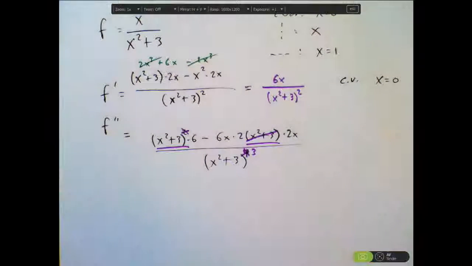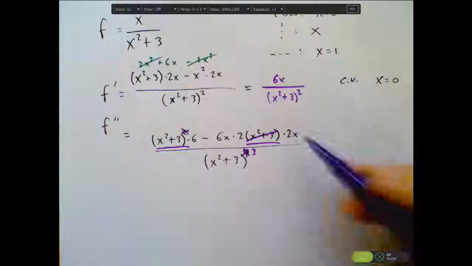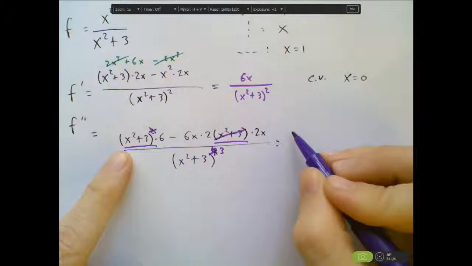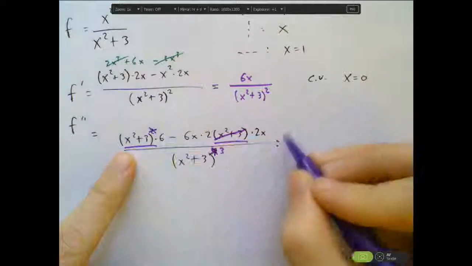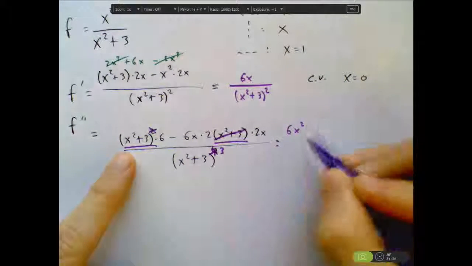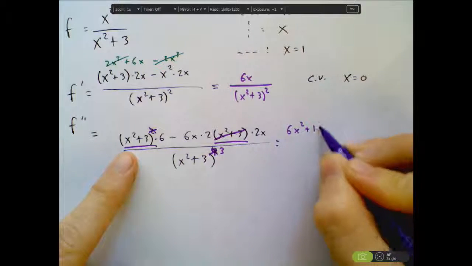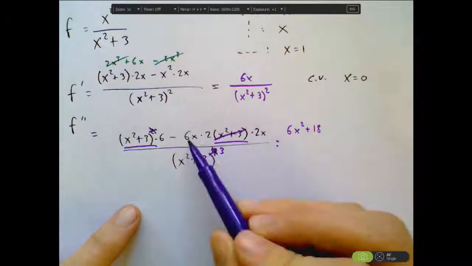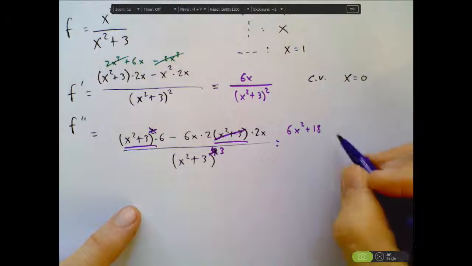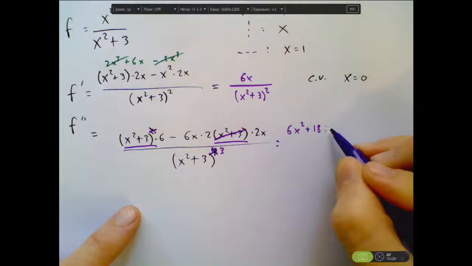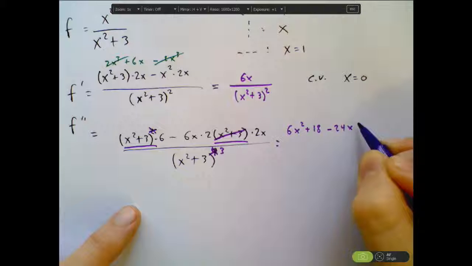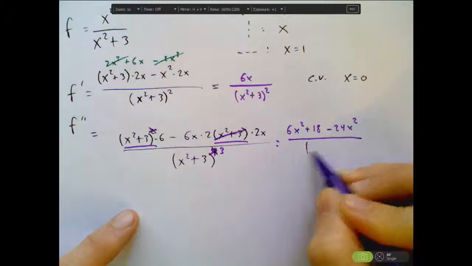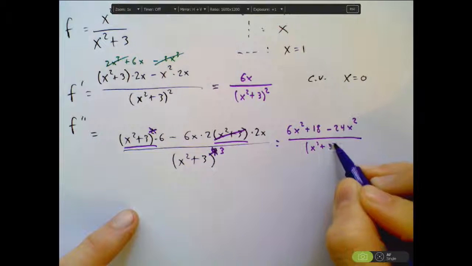So now we've got, I'll distribute this, so we've got 6x squared plus 18. And now that this is gone, I've got 6 and 2 and 2, which is 24. And I've got 2 x's, so minus 24x squared divided by x squared plus 3 cubed.